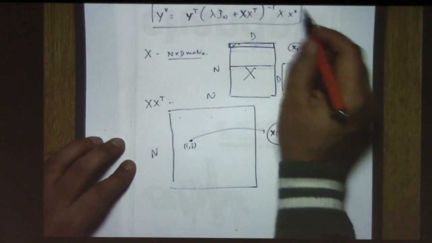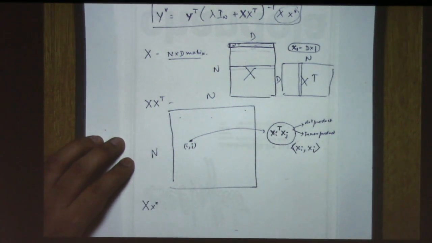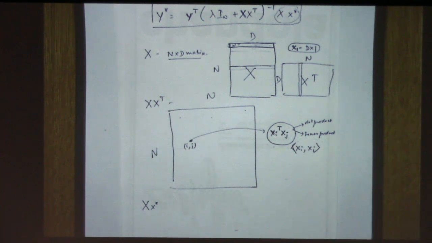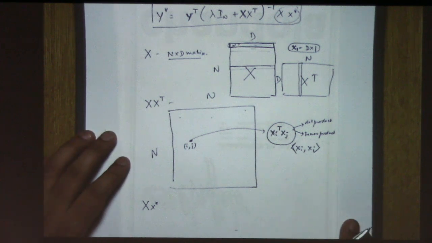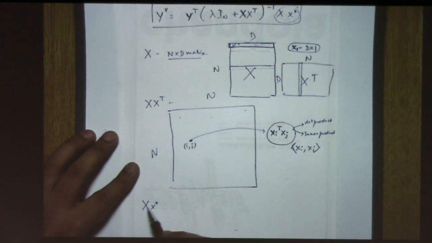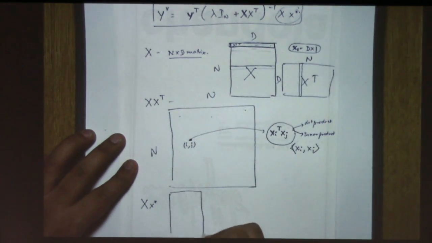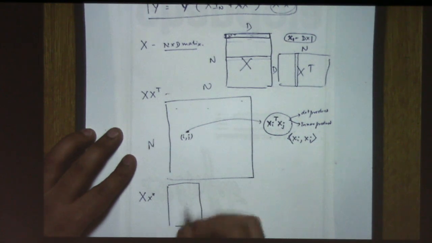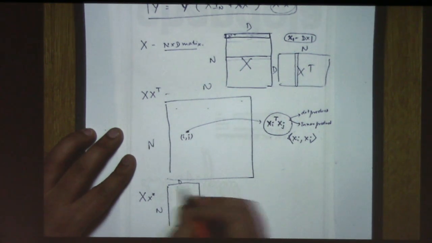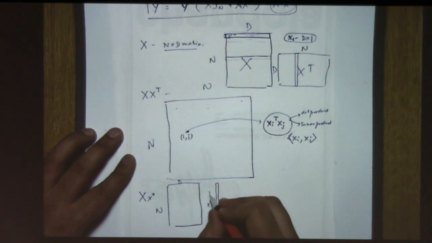And then if you also look at this entry over here, this is X X star. So you're multiplying this n cross d matrix X with one X star, which is just d cross 1.